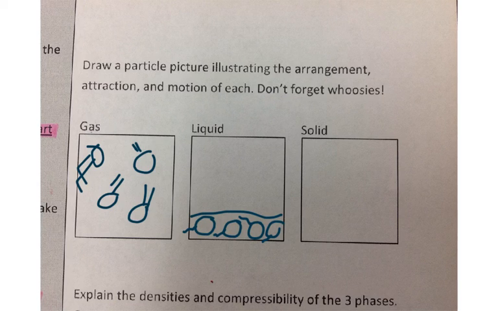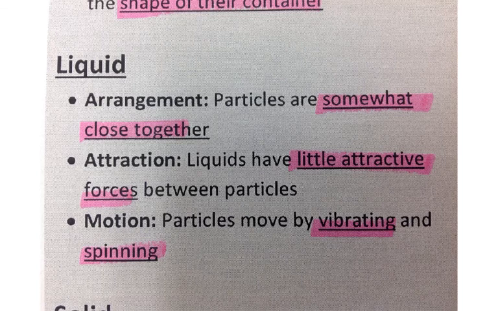So this little flowy wishy shows that they are flowing. And then solids, they are going to have a pretty rigid structure, so we have that there, and they're not moving freely, but they're vibrating back and forth. So we'll show solids moving with these vibrations next to each other.